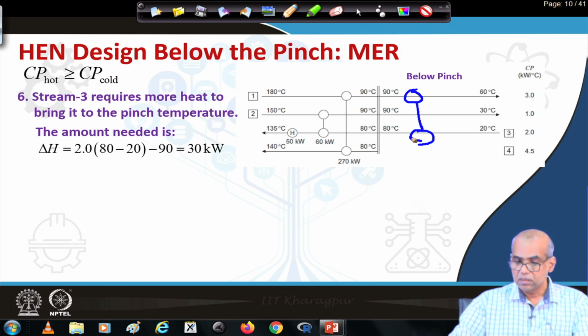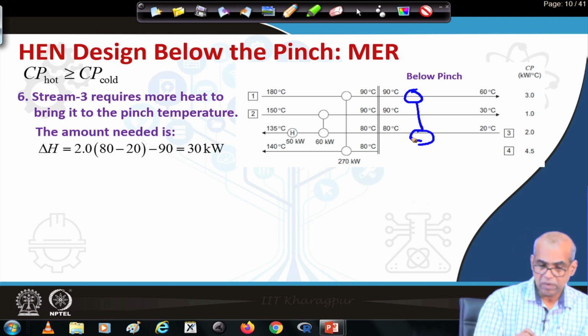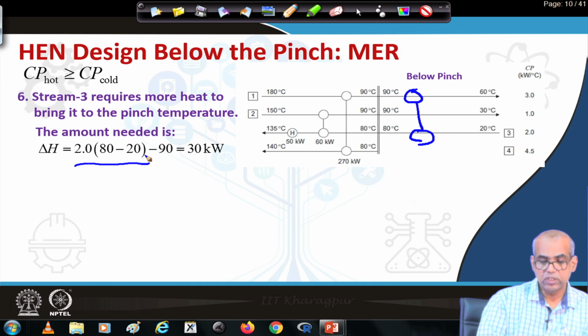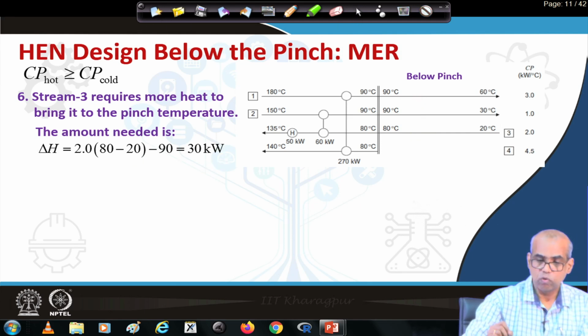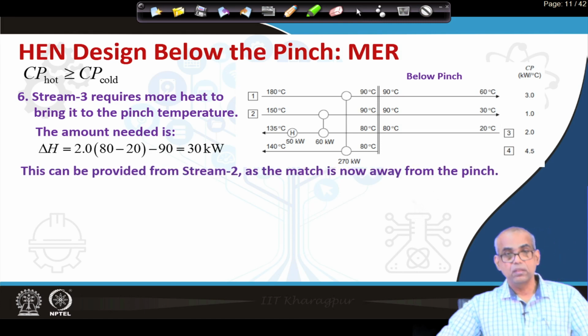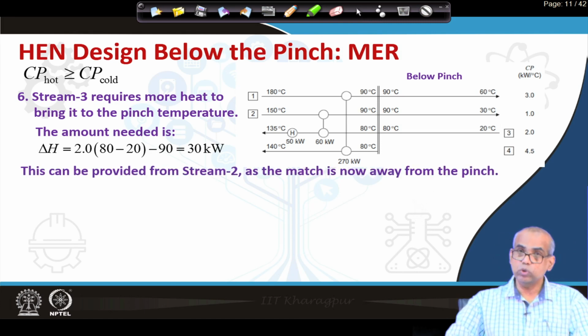But how much will stream 3 require for increasing the temperature from 20 degrees Celsius to its pinch temperature 80 degrees Celsius? It will require 80 minus 20 multiplied by 2, which is 120. What was available from stream 1 is 90. So, additional 30 kilowatt heating is required. Now, who will supply this heat? This can be provided by stream 2.